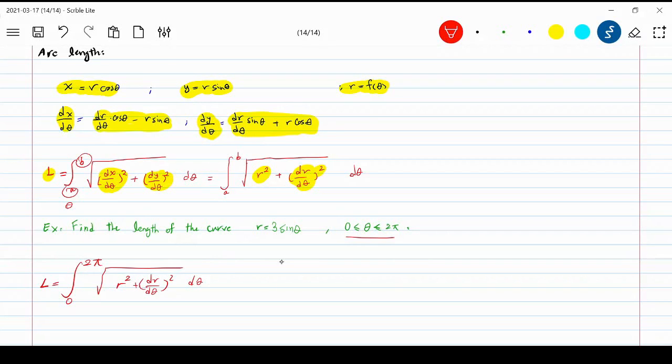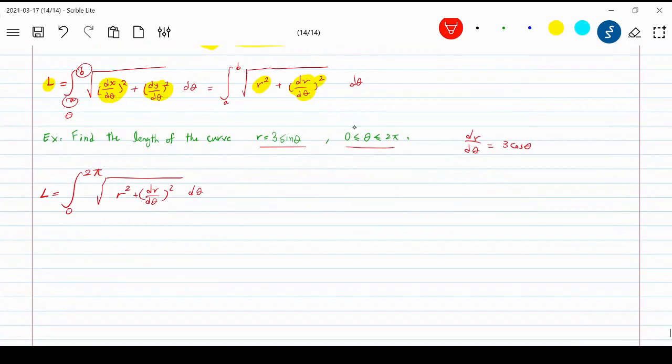I already have r, I just need to figure out dr over d theta, which in this case is simply 3 cosine theta. So what you get is the integral from 0 to 2 pi of the square root of r squared, which is 3 sine theta squared, plus dr over d theta, 3 cosine theta squared, d theta.